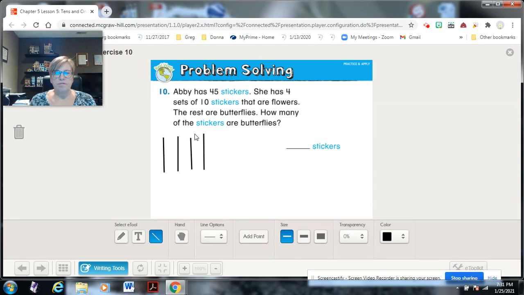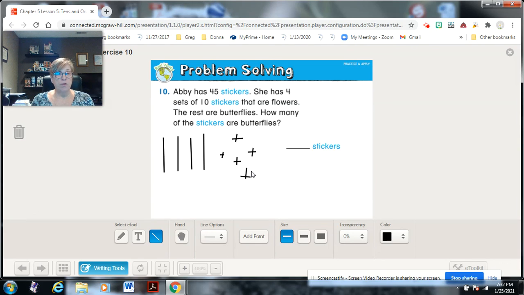So if that's 40, let's see, 41, remember I'm doing my little X's, 42, 43, 44, 45. Okay, so the 4 sets of 10 stickers are flowers. So we know those are flowers. The rest are butterflies.